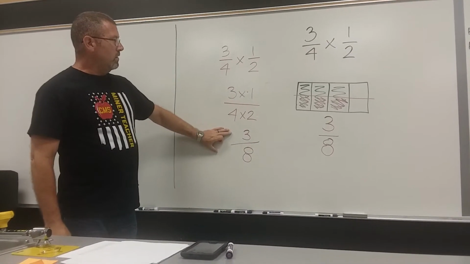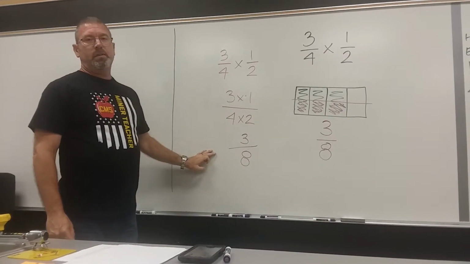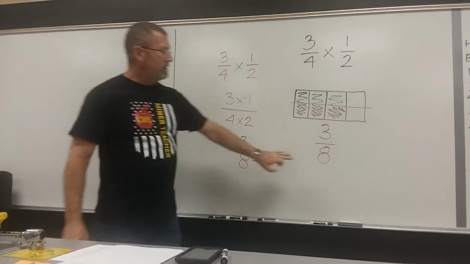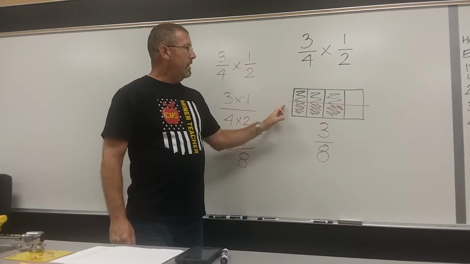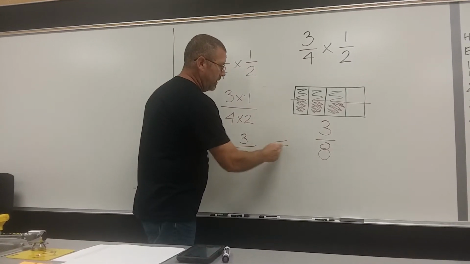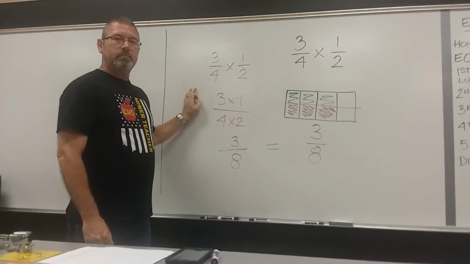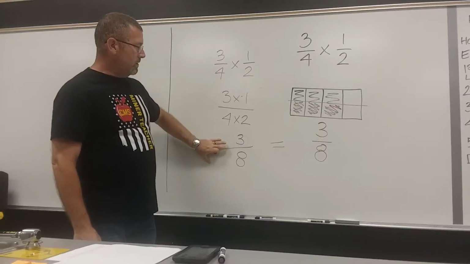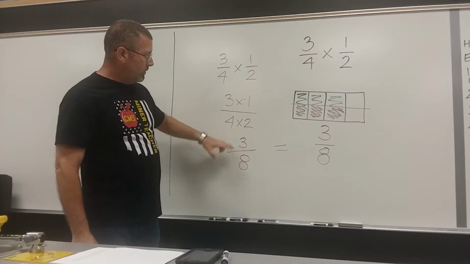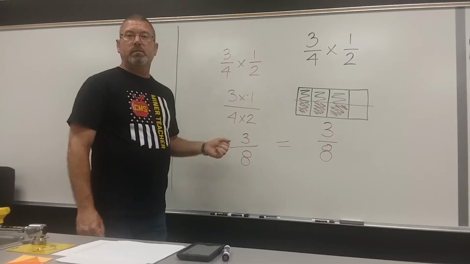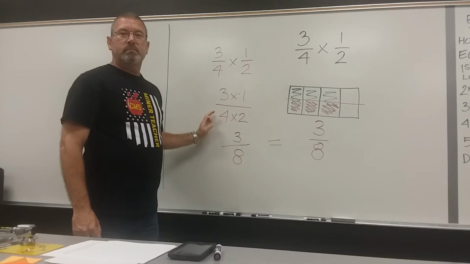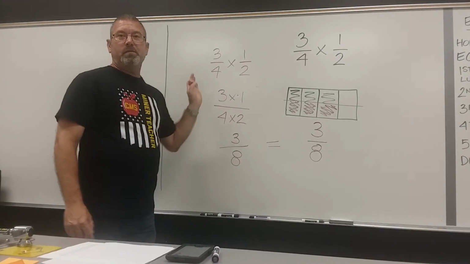As you can see here, using the standard algorithm of just multiplying straight across, we ended up with exactly what we found with our visual representation with this diagram: 3/8. So 3/8 is equal to 3/8. Since this fraction is in simplest form, the numerator and denominator do not share a factor besides 1, this is going to be our final answer. And that concludes this demonstration.